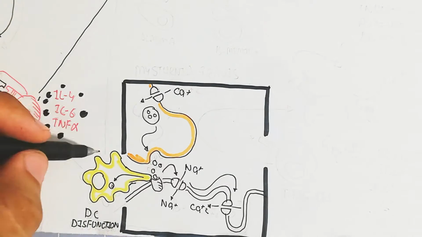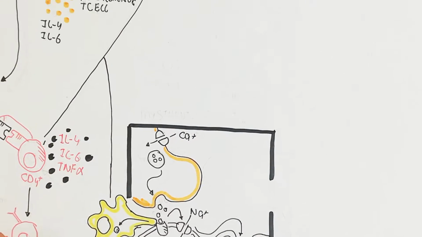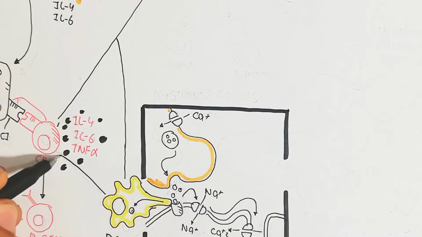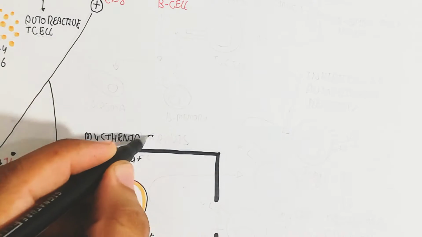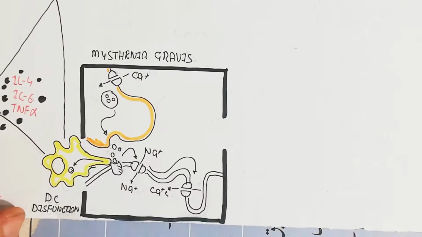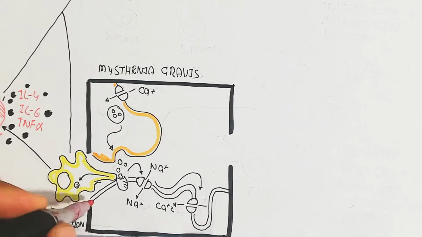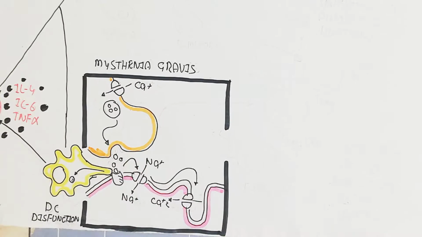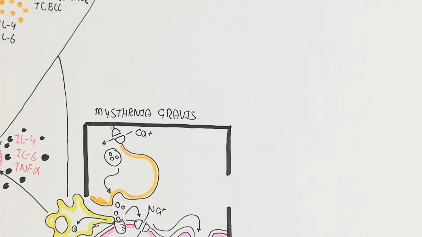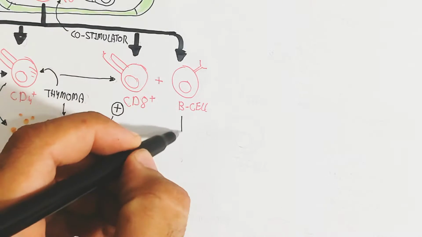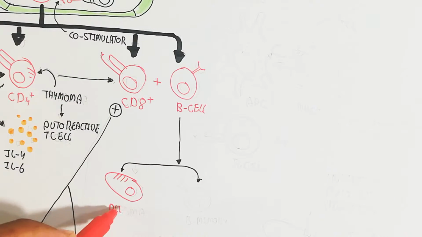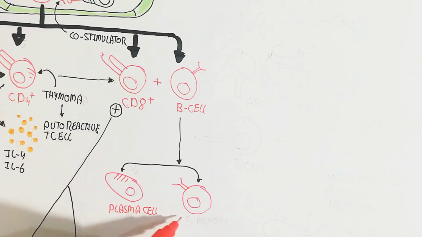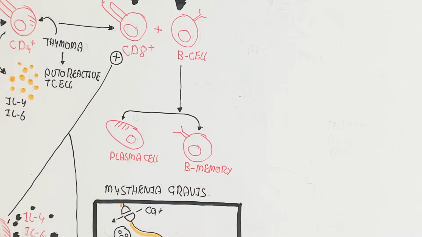After the binding, depolarization will occur, but in this case the dendritic cell will recognize this receptor and activate the CD4 cell. This is myasthenia gravis, the best example. The CD4 cell will activate the CD8 as well as the B memory cell and plasma cell through naive B cell activation.